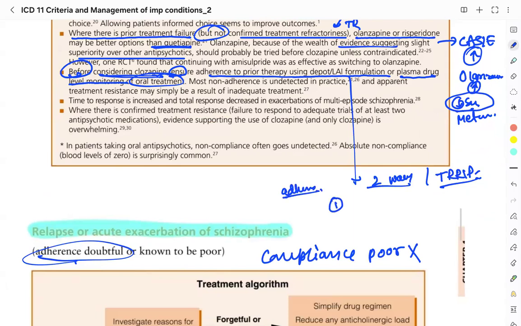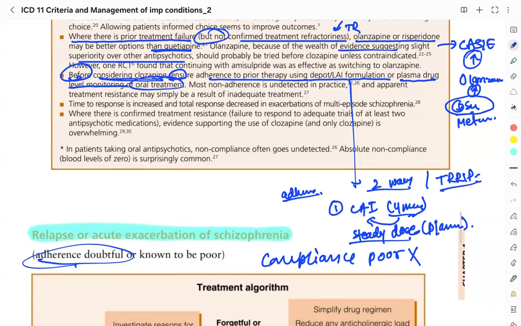The first thing is they should at least have been given a long acting injectable for 4 months, because it takes 4 months for a long acting injectable to reach the steady dose in the plasma. All right.